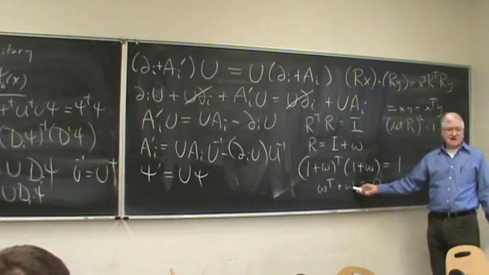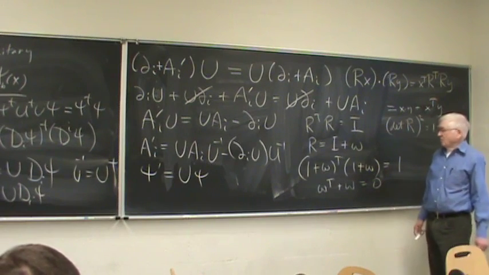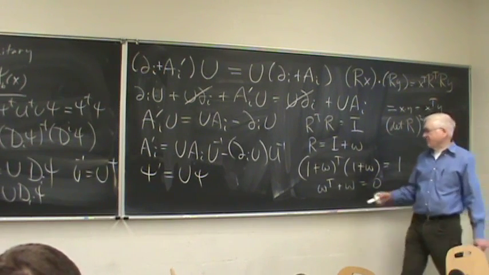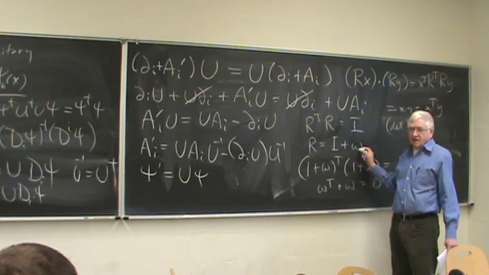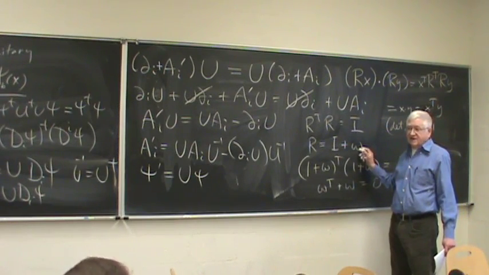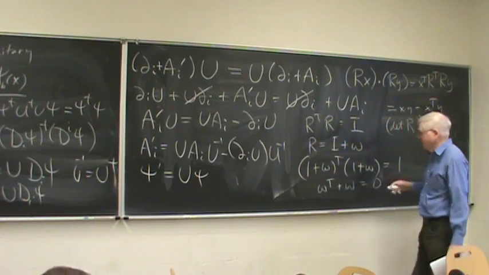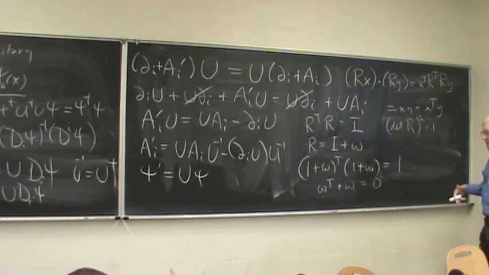In other words, omega is antisymmetric. So a 3 by 3 rotation matrix is just the identity plus any antisymmetric 3 by 3 matrix. And in fact, real 3 by 3 matrices, we're talking about ordinary rotations.